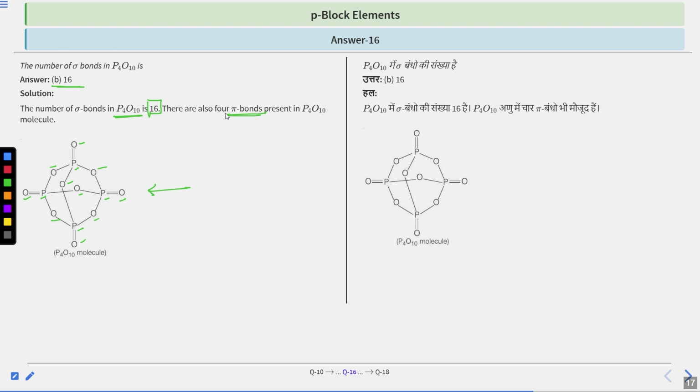That's why 4 pi bonds are present in the P4O10 molecule, because in each of these 4 double bonds, one bond is sigma bond and one bond is pi bond. So there are a total of 4 pi bonds, and in the whole structure we have 16 sigma bonds in the P4O10 molecule. Thus, option B is the correct answer, that is 16.